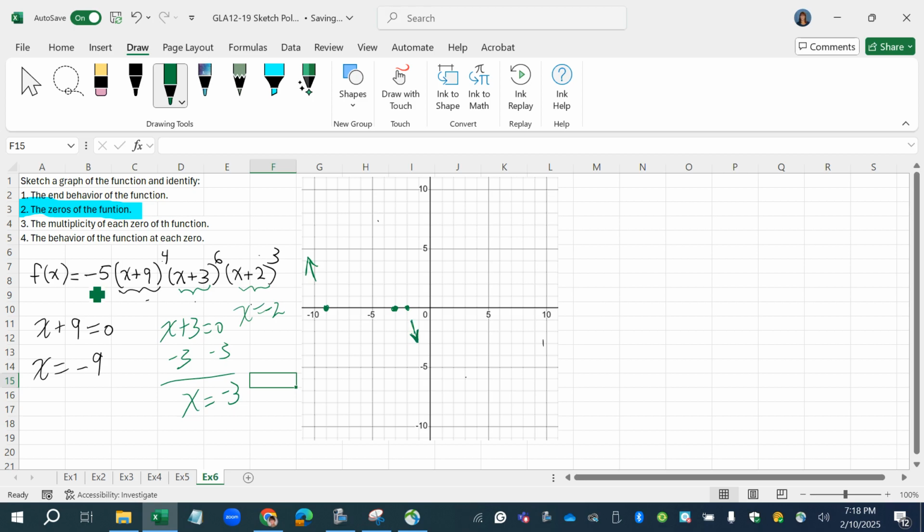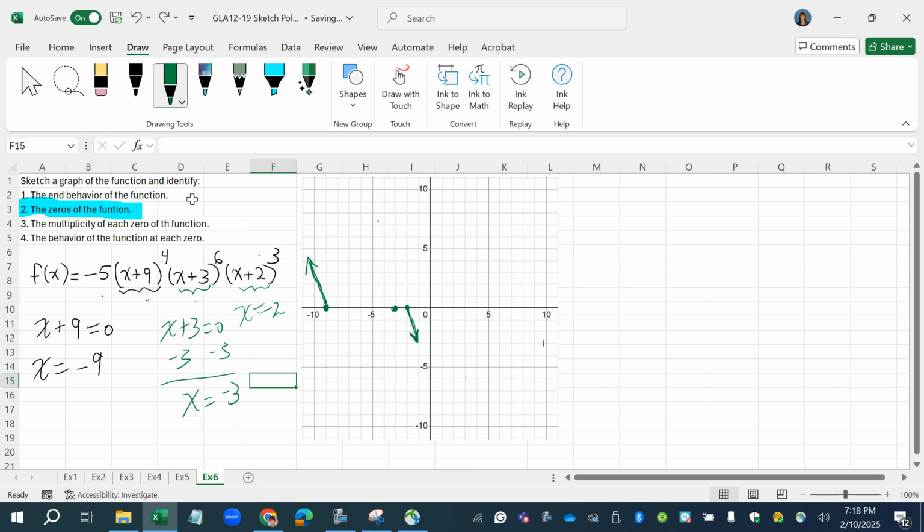So I know that coming from that last x-intercept on the right, we're going to be going downwards, and from that first x-intercept all the way on the left, that end would be going up. Now the question is, what is the behavior at each 0? Am I going to go through the point, or am I going to bounce on the point and turn around? That's the question we're answering next.